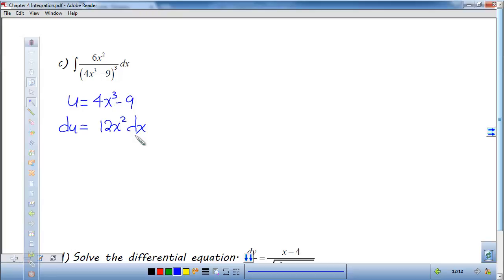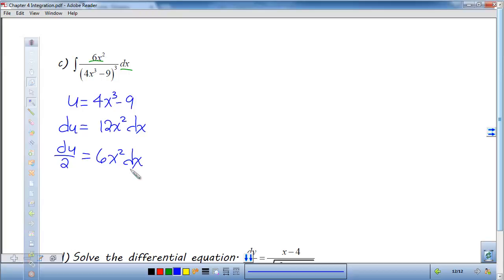All right, I need a substitution for 6x squared dx, but I have 12x squared dx. So in this case, I'm going to divide both sides by 2. We get du over 2 equals 6x squared dx, which is exactly what I need.